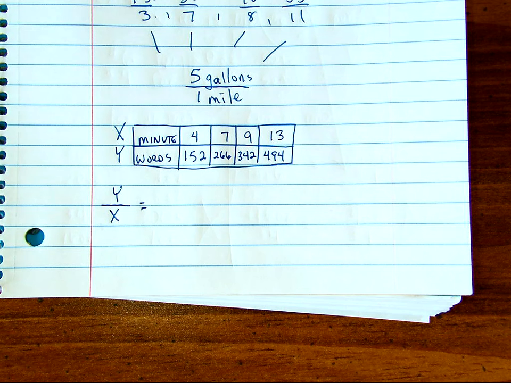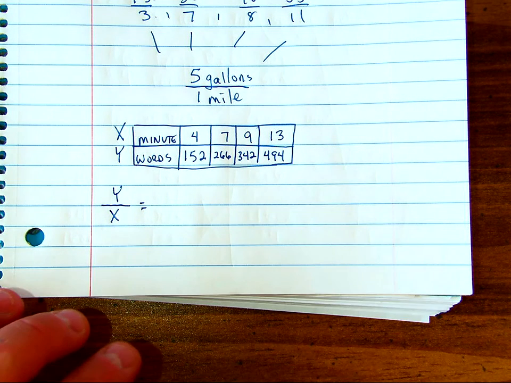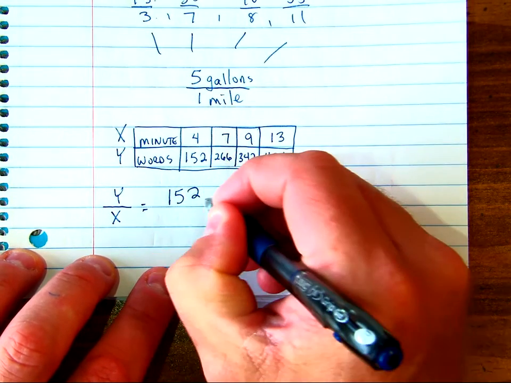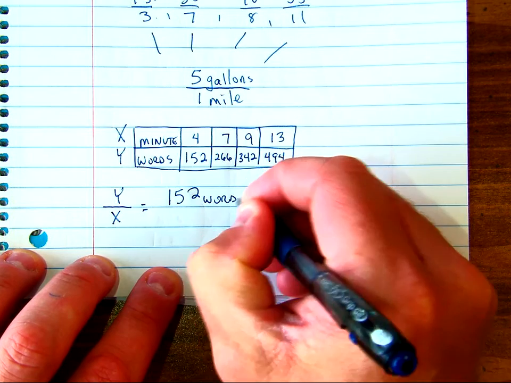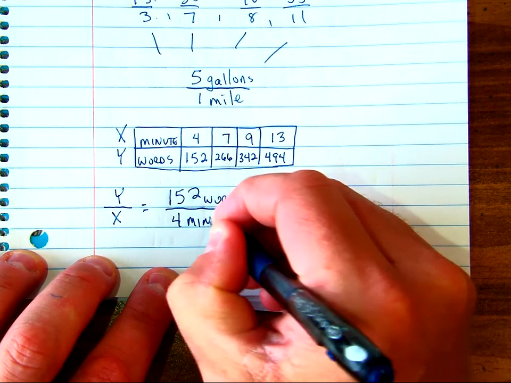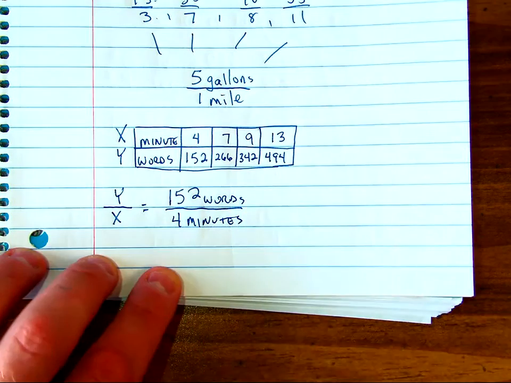Nicole, what ratio did you write down? Which ratio did you choose, or what rate? Okay, so 152 words per 4 minutes. Okay, is this a ratio? Yes.